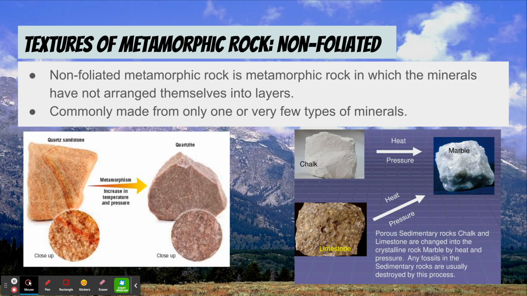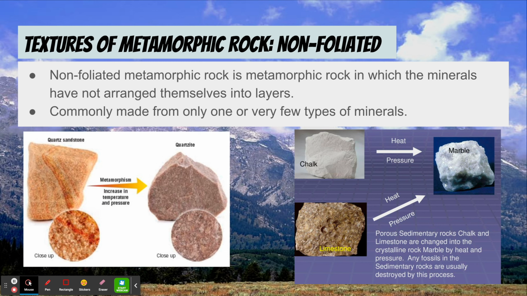All right, the other texture of metamorphic rock is what we know as non-foliated. Non-foliated metamorphic rock is rock in which the minerals are not arranged into layers. Commonly, it is made up of only one or a very few types of minerals.